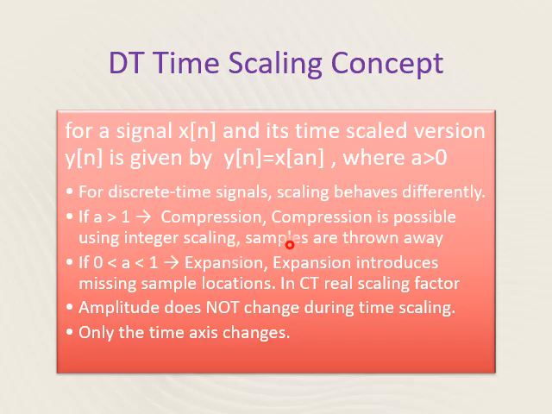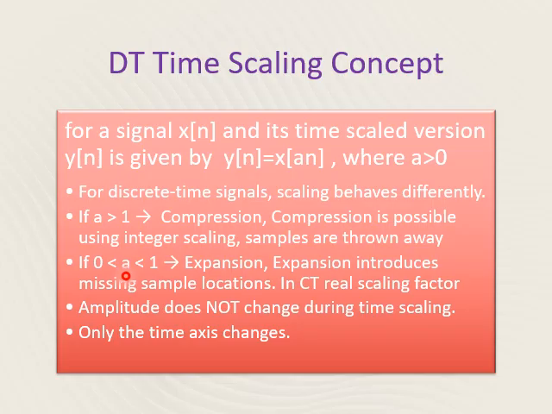And if we scale a signal, for example, if we compress a signal, we basically throw away the samples, which normally cannot be recovered. But in the case of a continuous time signal, they are not thrown away, they are just compressed.